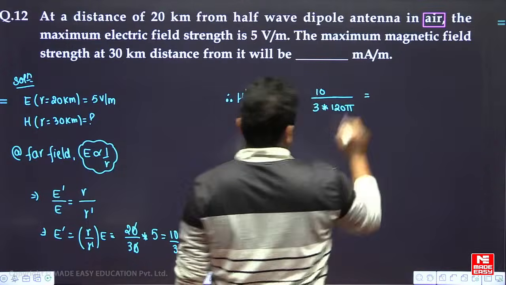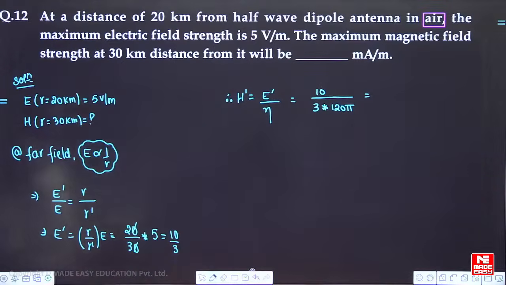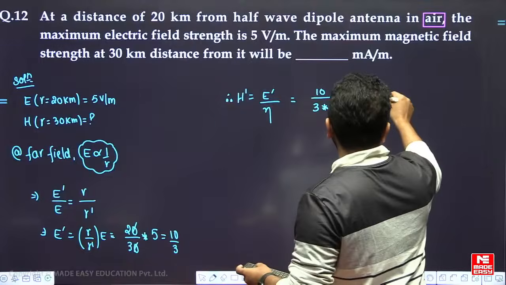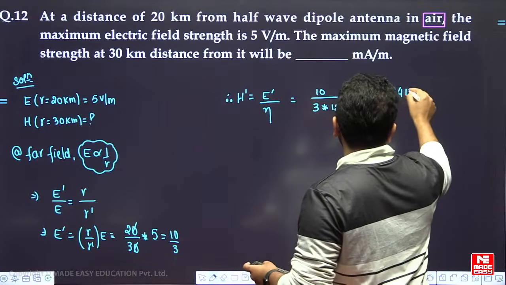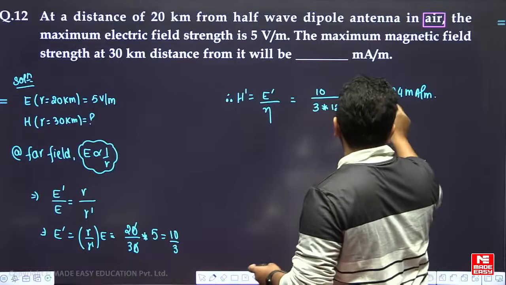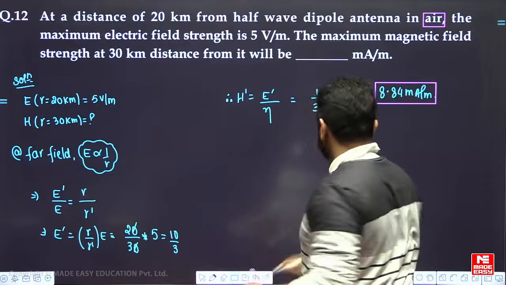So what is the value? 10 divided by 3 into 377, which is 8.84 milliampere per meter. So it is coming to be 8.84 milliampere per meter. So this should be the answer, is it?